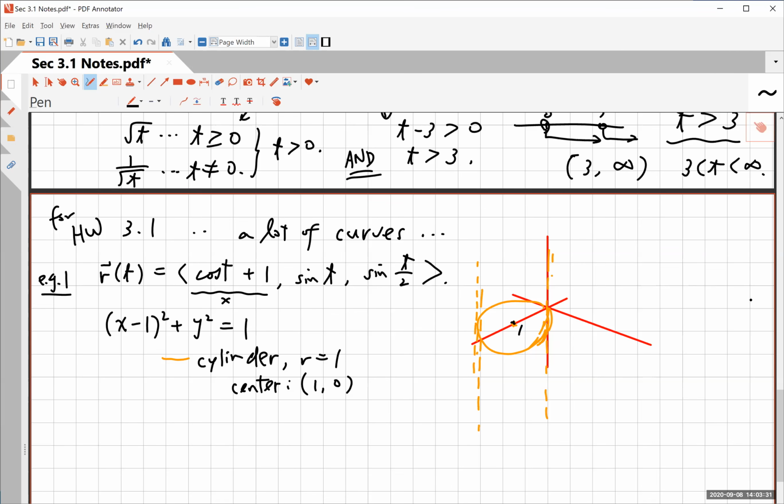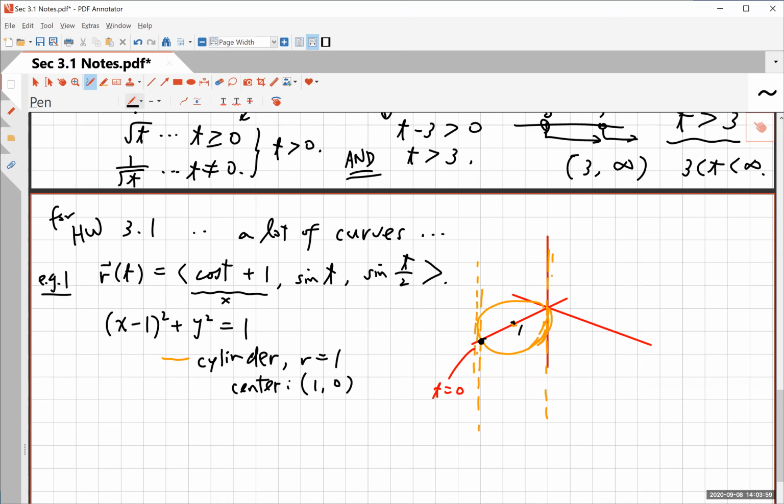Now, of course, it's not the set of all points. The range is not the whole cylinder. It's a certain subset of this cylinder. When t is equal to 0, you have 2, 0, 0. That's this point here, right? And let's try to see what happens as t increases from 0 to pi over 2.